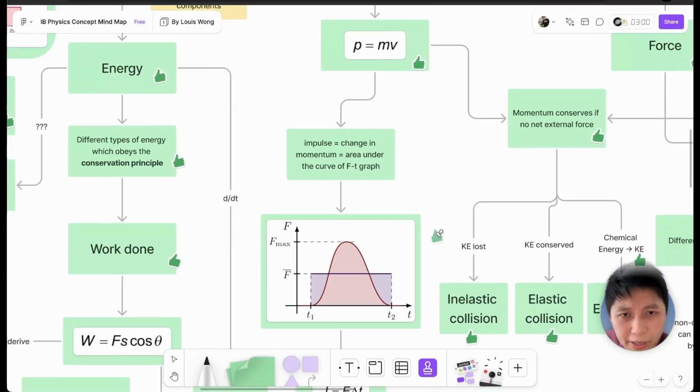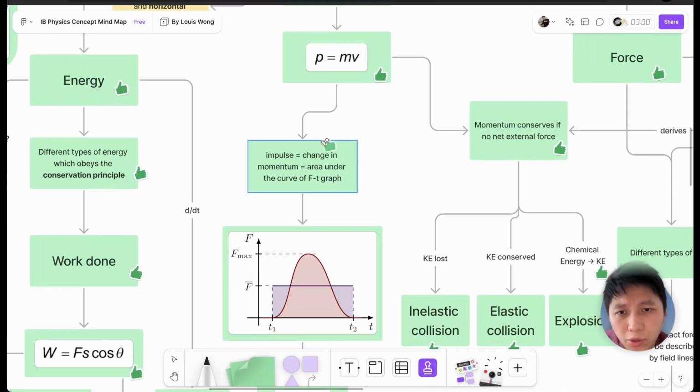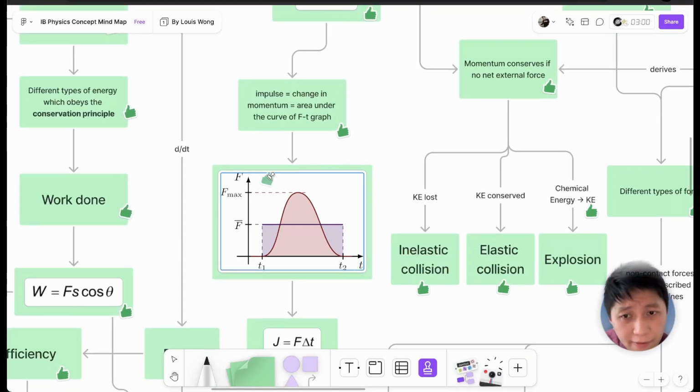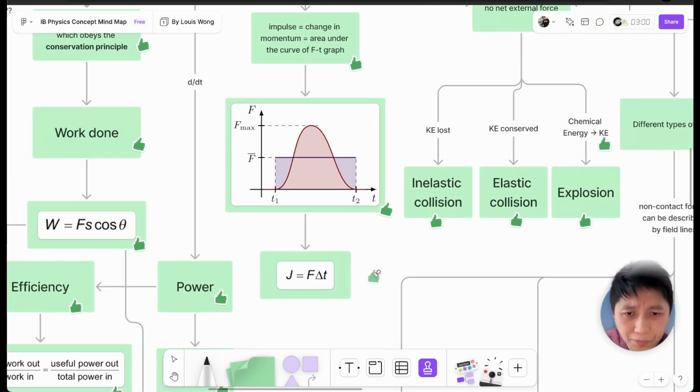Now going back a little bit, we also have a keyword called impulse, which is a change in momentum. If you are given a graph of force against time, then the area under the curve will be the change in momentum, which is called the impulse as well. So you may use this relationship.